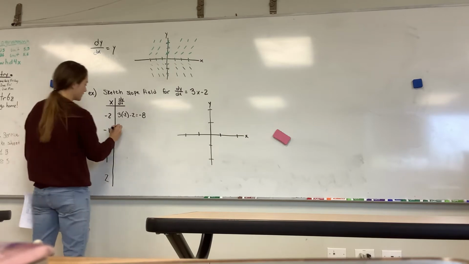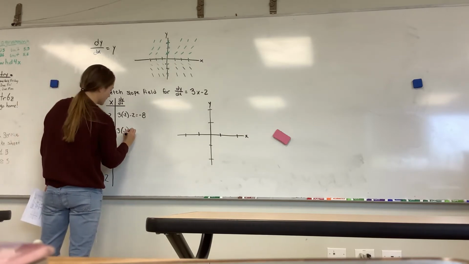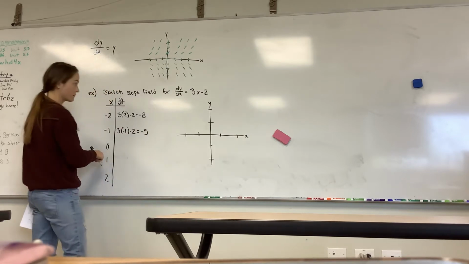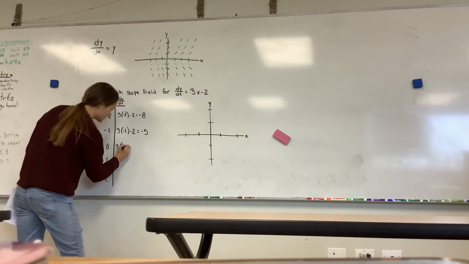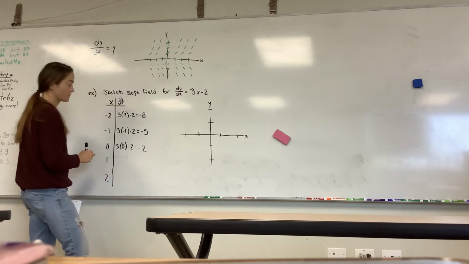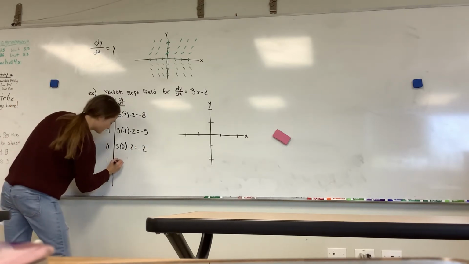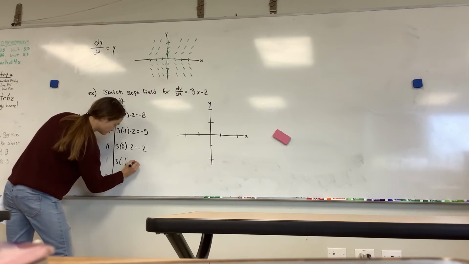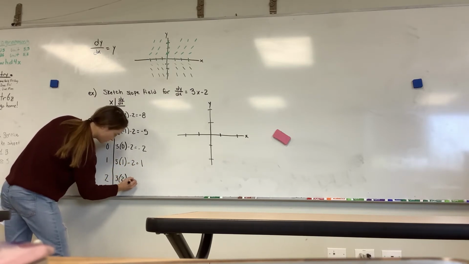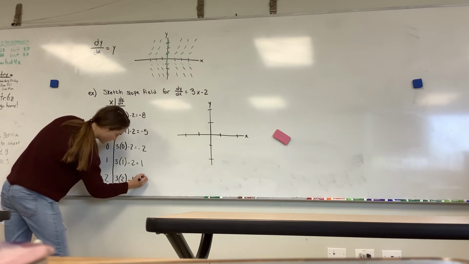If I plug in a -1, 3 times -1 minus 2, I get a -5. If I plug in 0, 3 times 0 minus 2, I get -2. If I plug in a 1, I get a +1. And if I plug in a 2, I get a +5.